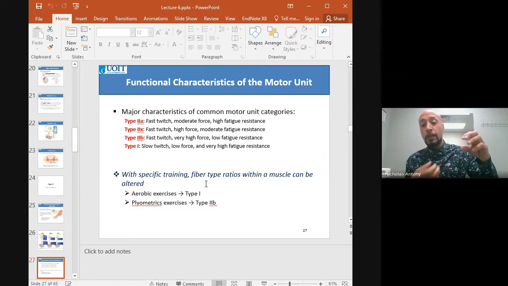Through training, with the constant repetition of whatever type of training you're doing, you're changing the physiology of the muscle fibers, and that's going to make a muscle fiber change to either slow twitch or fast twitch. And remember, it's not one or the other, it's a spectrum.